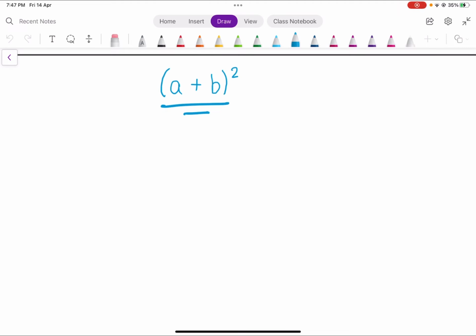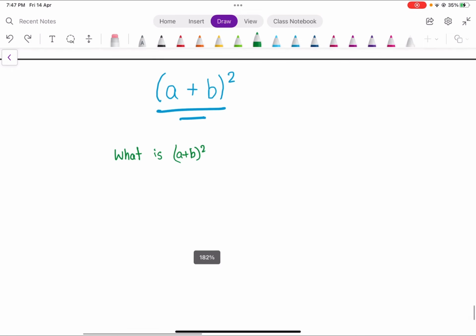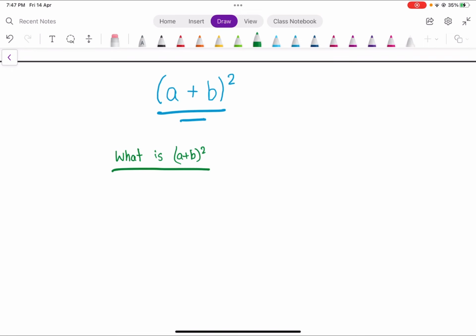So first of all, let's start off by talking about what is a plus b whole squared. First, let's talk about that little 2 over there. That 2 is our squared unit, which means that we're multiplying a plus b into a plus b.